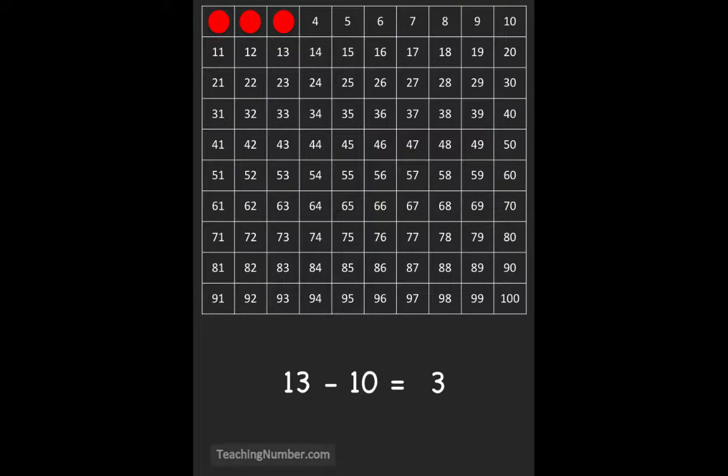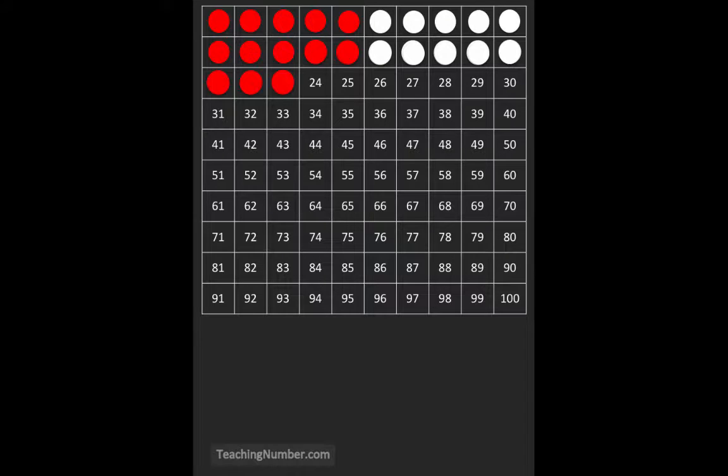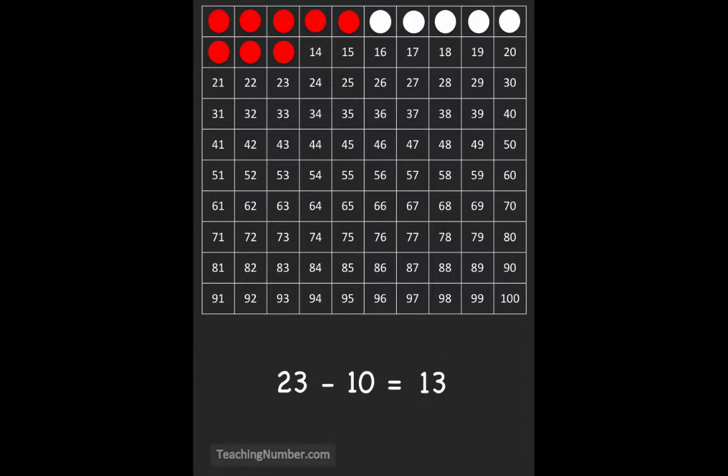The advantage of this strategy is that it works in any decade. If we want to subtract 10 from 23, we can subtract 3 from 23 to get 20, and 7 more from 20 to get 13. Thus, 23 minus 10 equals 13.